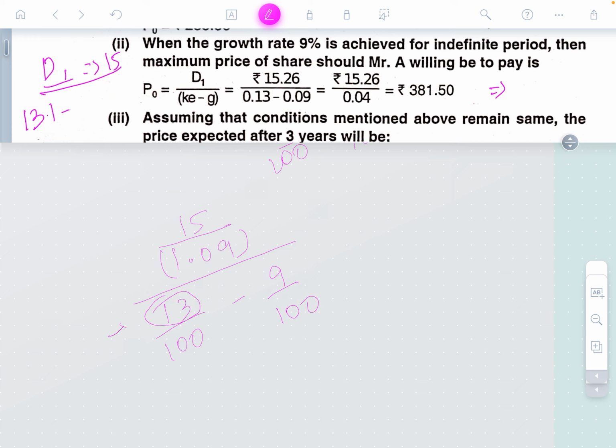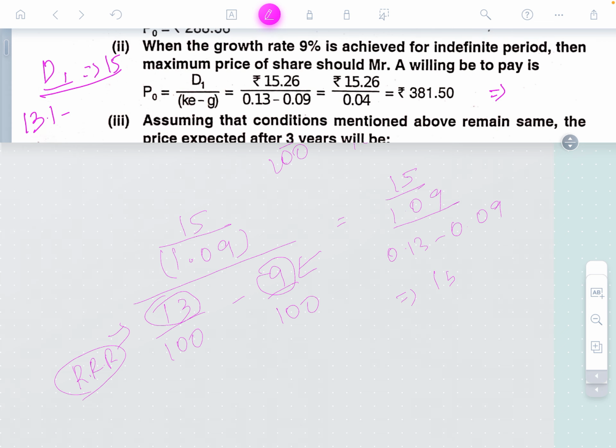Sorry, I was correct. 13 is the indefinite required rate of return, 9 is the indefinite growth. I need the required rate of return, which is 13%. Now you put the costing. So 15 divided by 1.09 divided by 0.13 minus 0.09 is equal to 15.